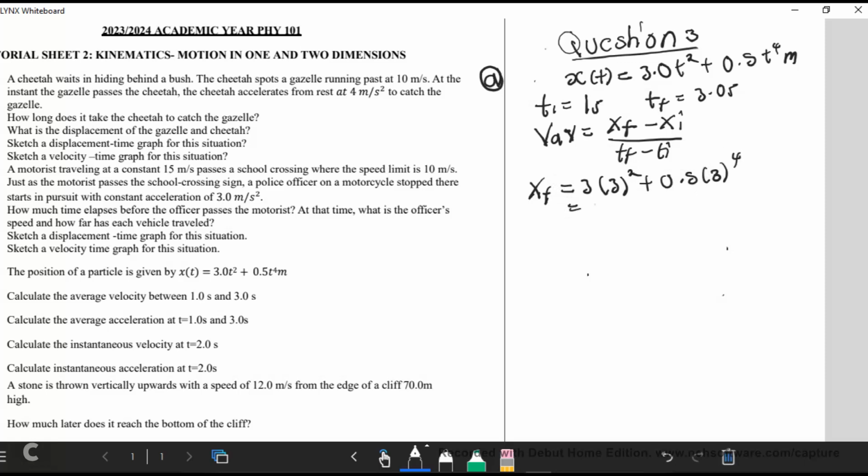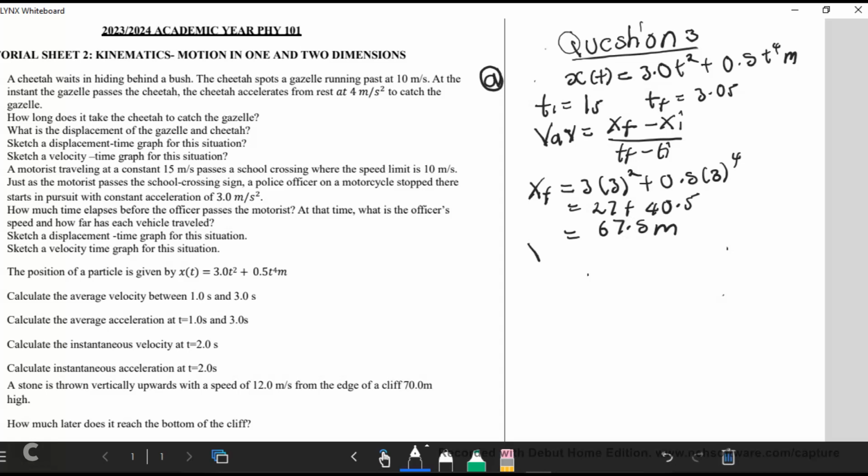Meaning that this is 27 plus this is 81 times 0.5, which gives us 40.5. The answer here will be 67.5 meters.